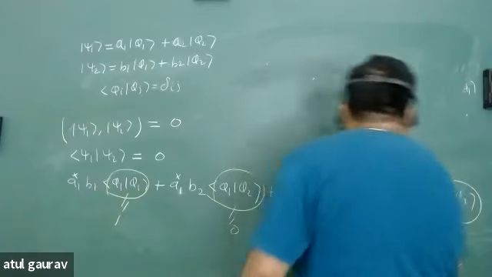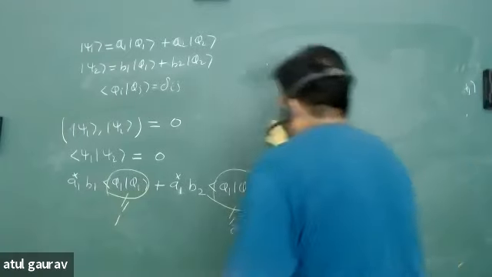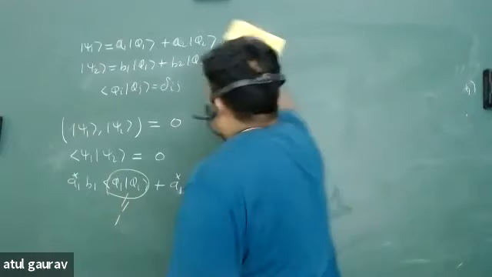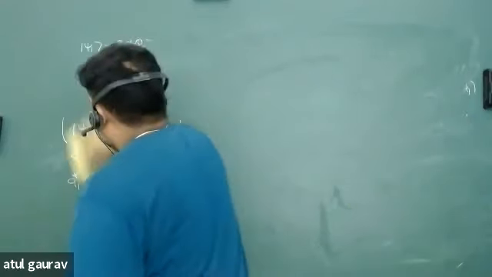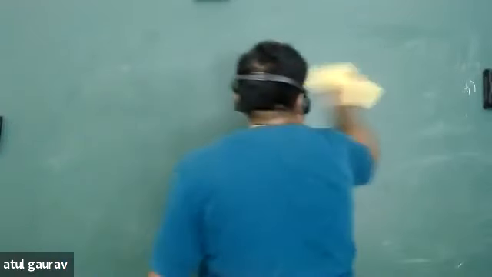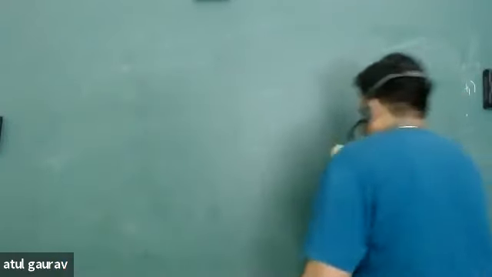So let's come to the next very interesting thing, that is linear independency. And this is one of the most important concepts used in quantum mechanics. So let's go for linear independency.